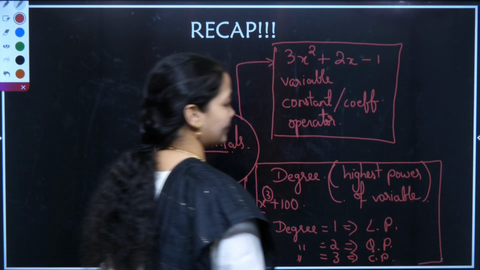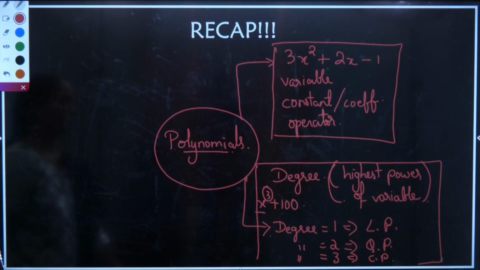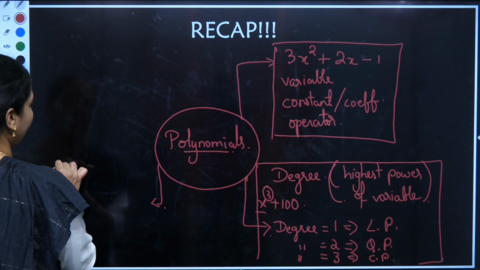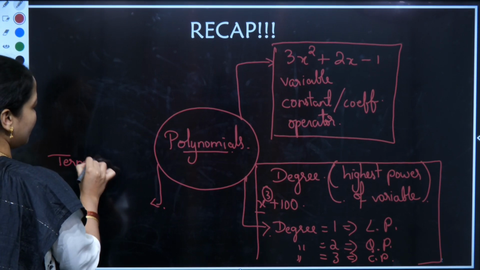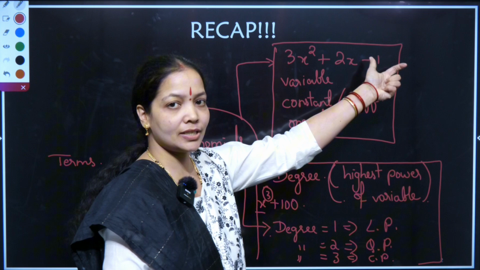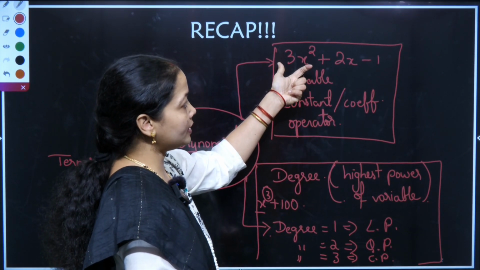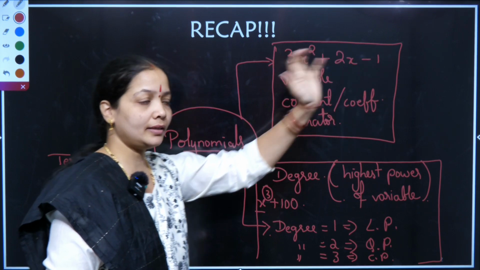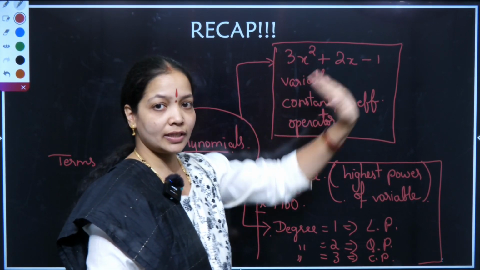Moving to the third block of the mind map, polynomials were also classified based on terms. What are terms? If I use the same equation 3x square plus 2x minus 1, in this 3x square is my first term, 2x is my second term and negative 1 is my third term. So there are three terms in the given equation.